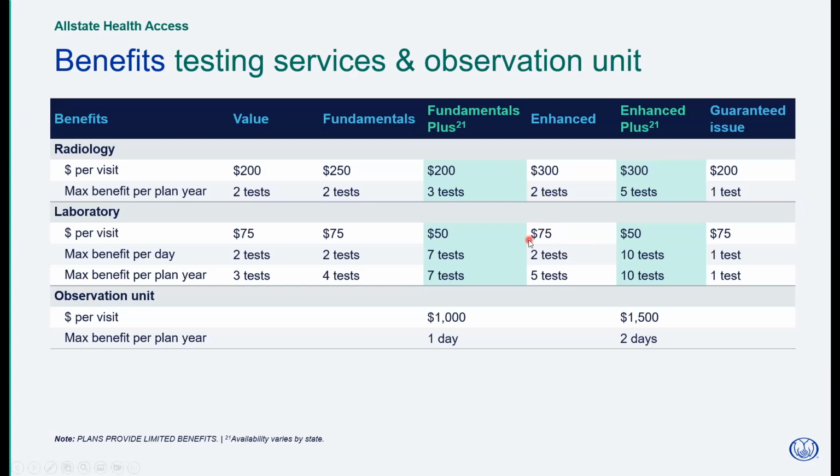However, if they do 2 tests now and do the 3rd test another day, they will be able to reap the benefit of the $75 benefit for all of the tests. And the reason why is because the maximum benefit per plan year is 5 tests, despite the per day benefit of 2 tests.